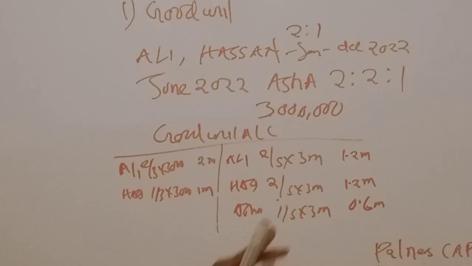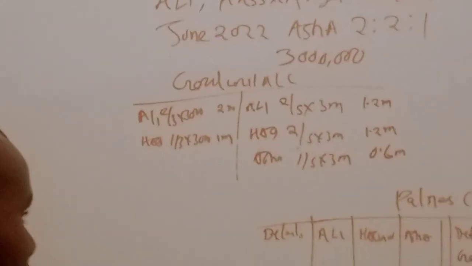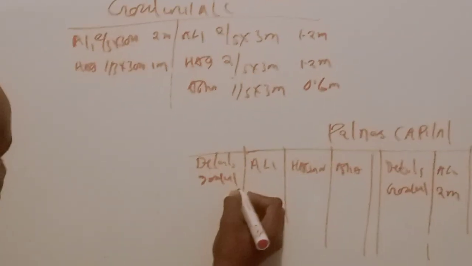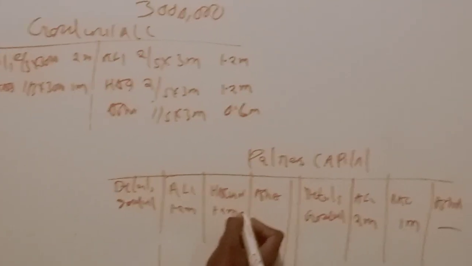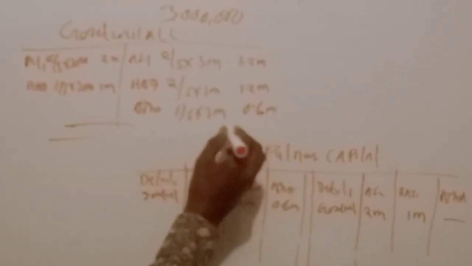Now, this is a credit entry. The debit entry will go to the partner's capital account. We come and say here, goodwill. Ali is 1.2 million. Hassan is 1.2 million. Aisha is 0.6 million. What I did is that now we have closed the goodwill account.